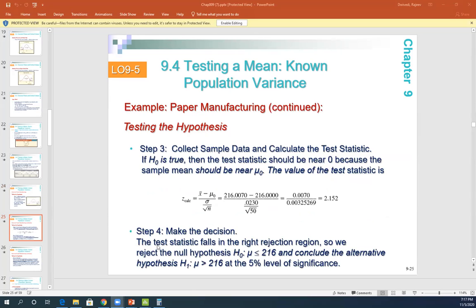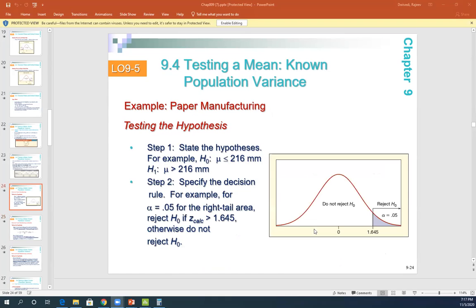So the test statistic falls in the right rejection region. So we reject the null hypothesis and conclude the alternative hypothesis that mu is greater than 216 at 5% level of significance. So if it is coming in the rejection region, we are going to conclude that the alternative hypothesis is correct.